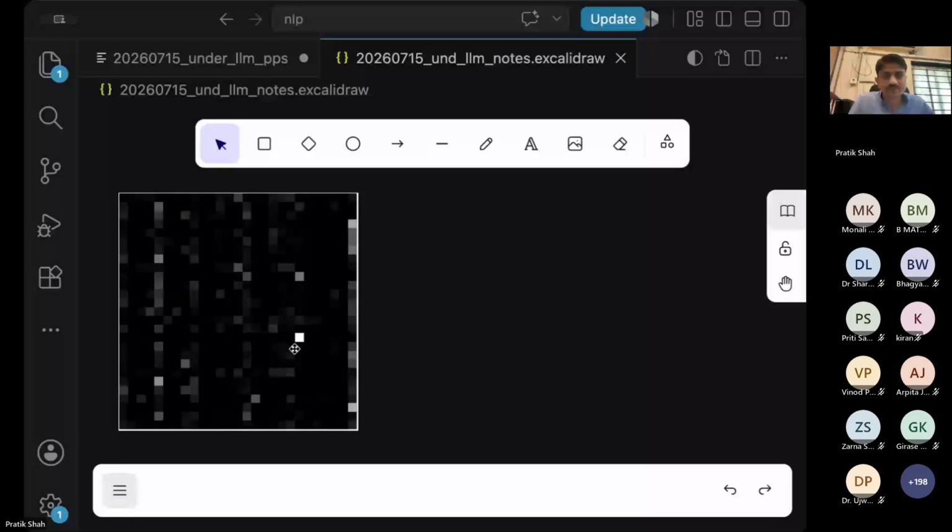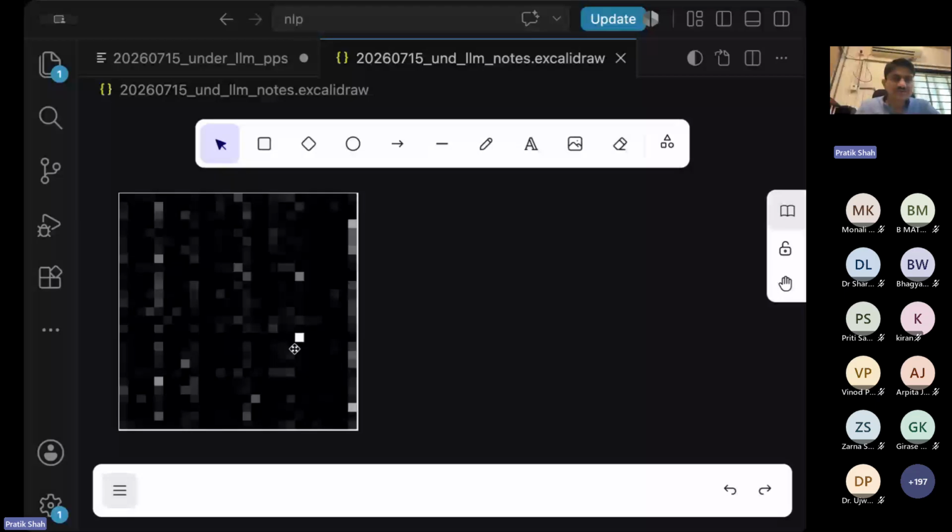That means, as simple as these characters look, the moment I have English as a language, these characters, in terms of their transitions, follow certain statistics. They are not arbitrary. They follow certain basic statistical properties.